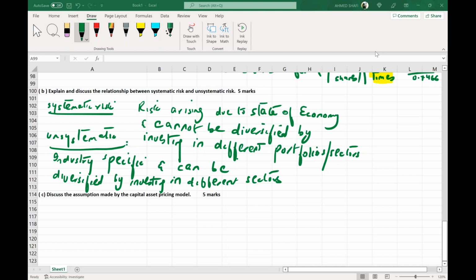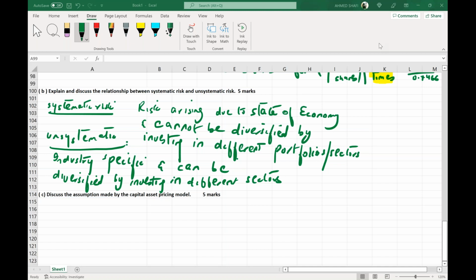Okay, now what exactly is the concept behind both of these risks? There are some risks which occur due to economic conditions.